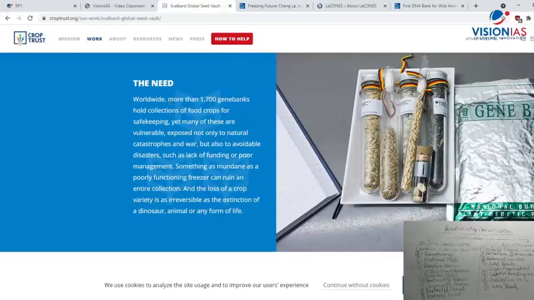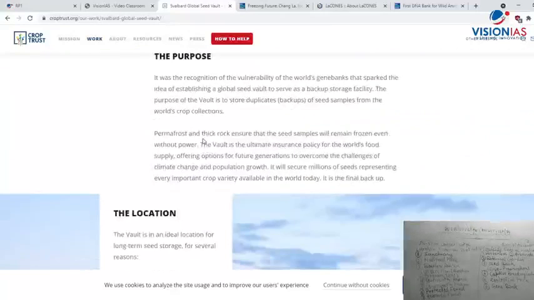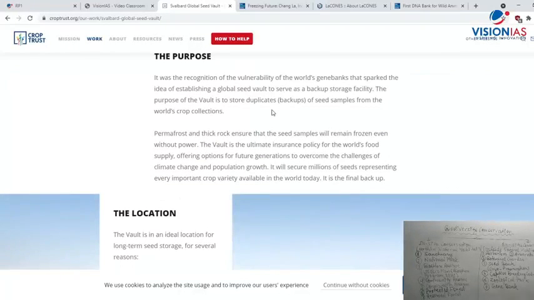The world's more than 1,700 gene banks hold collections of food crops for safekeeping. What is the purpose here? If any kind of catastrophe happens, then the seeds can be used to start the next civilization.